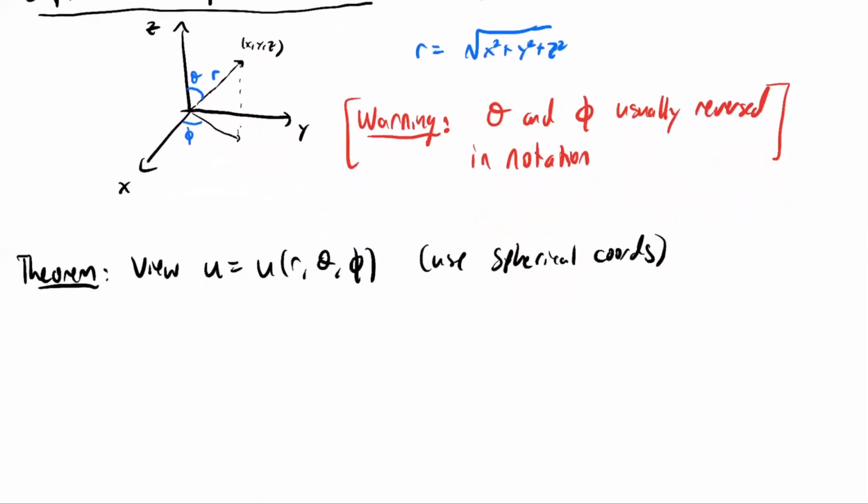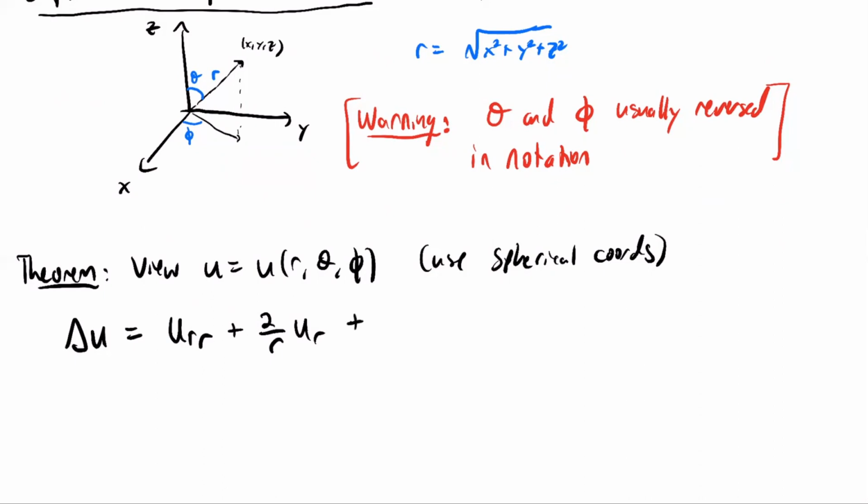Then the Laplacian of u can be calculated using spherical coordinates in the following way. You take the second derivative with respect to r plus 2 over r times the first derivative with respect to r. These are the two so-called radial terms, which involve the parameter r, which is related to the radius of the sphere that your point lies on.